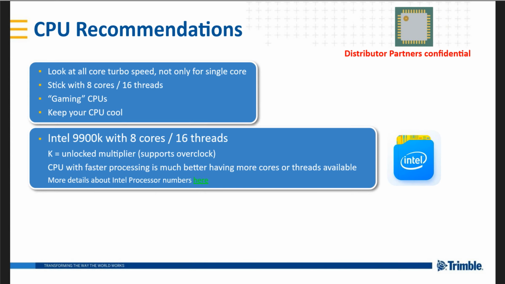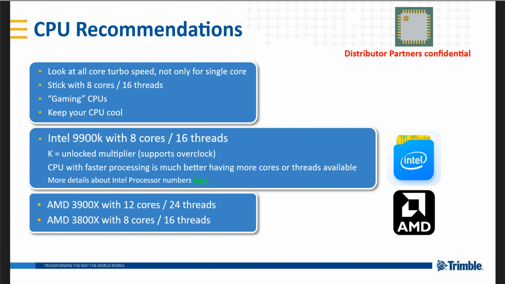The K is a quite good indication, which stands for a good CPU on the Intel side. It also supports overclocking, which means fast CPU processing. And the threads available are also quite good on this Intel processor.